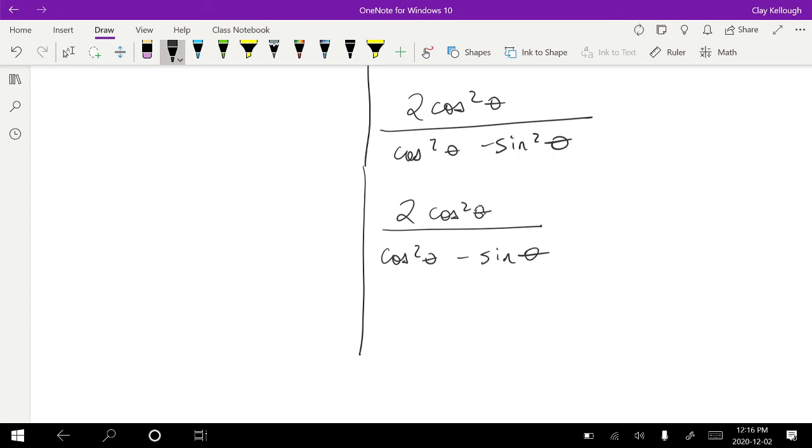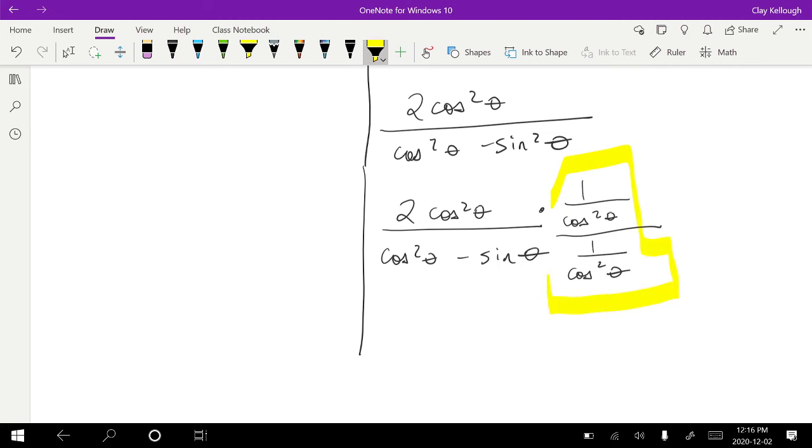Well, I am going to times the top of this one by 1 over cos squared theta, and times the bottom by 1 over cos squared theta. Now remember, I'm using the property of 1 here. This whole big thing is a 1.